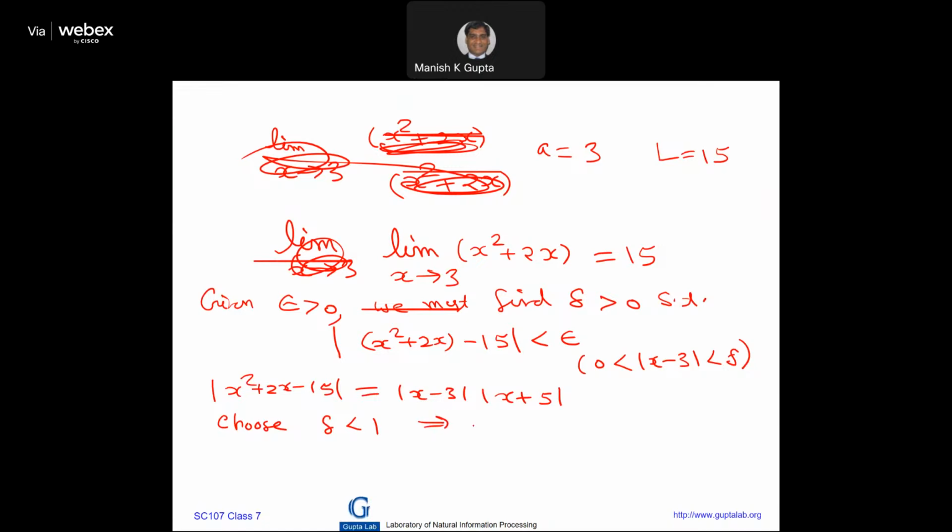This implies that mod of x minus 3 is less than 1, because mod of x minus 3 is less than delta and I have taken delta less than 1. So this portion is less than 1. If this is less than 1, what is the value of x? I can find some value of x, so that means I can bound mod of x plus 5.